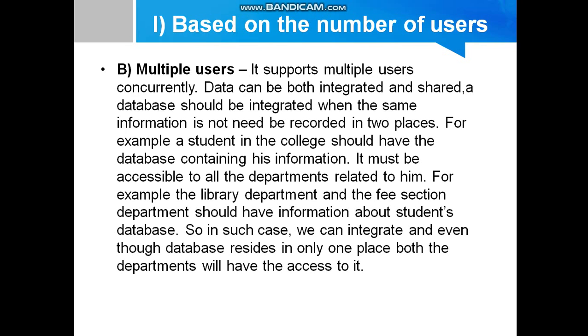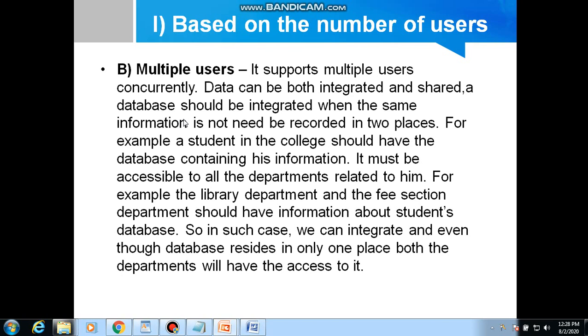For example, the library department and the P section department should have information about students in the database. So, in such a case, we can integrate, and even though the database resides in only one place, both departments will have access to it.